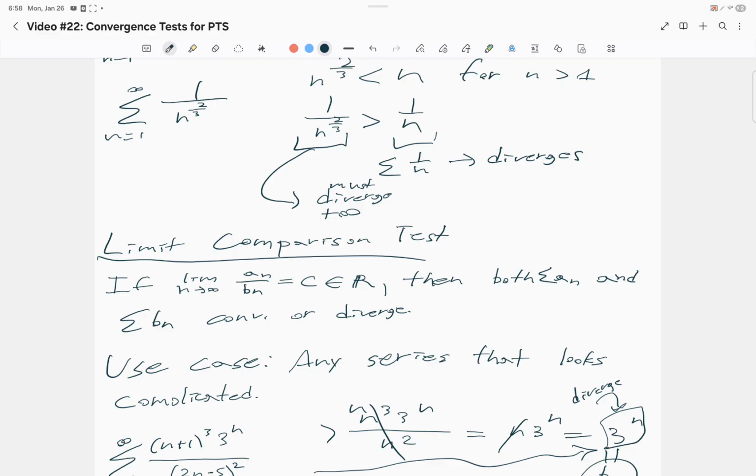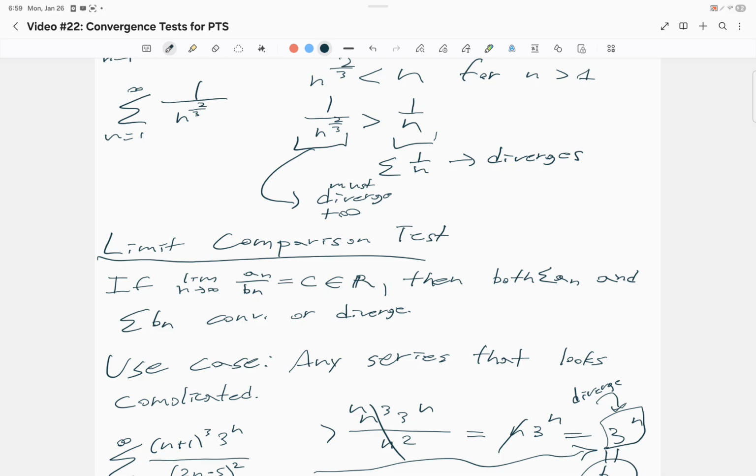And if you flip it, if a of n was diverging and went off to infinity, but b of n converged, you're going to get infinity over a constant, which is just infinity.